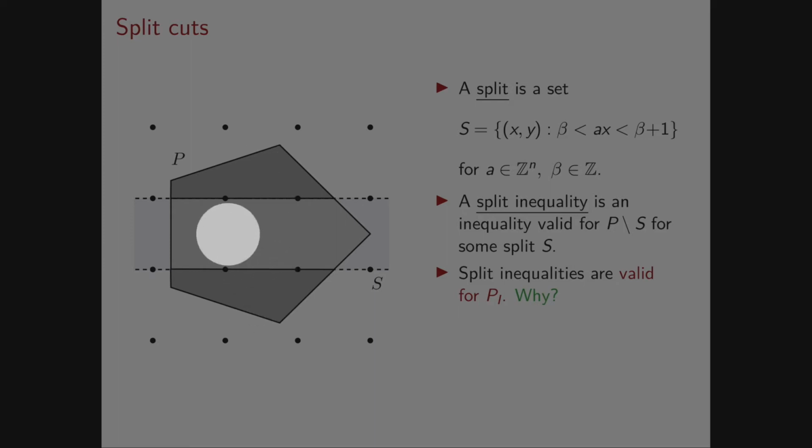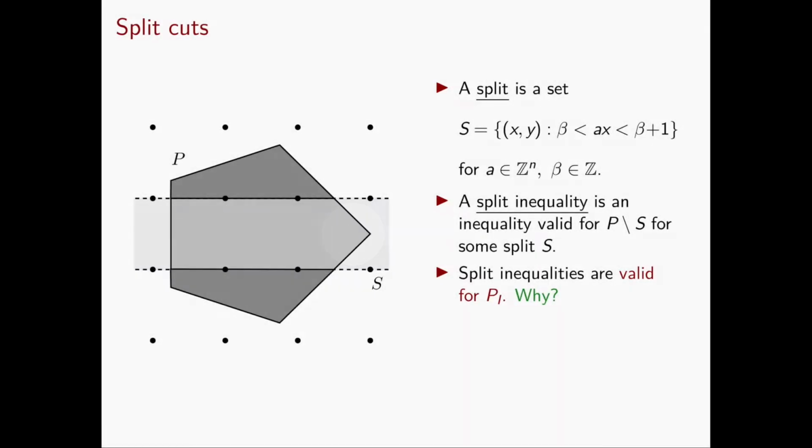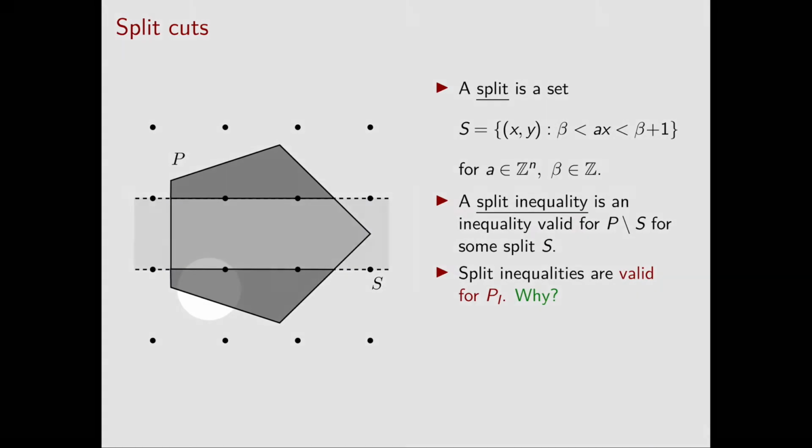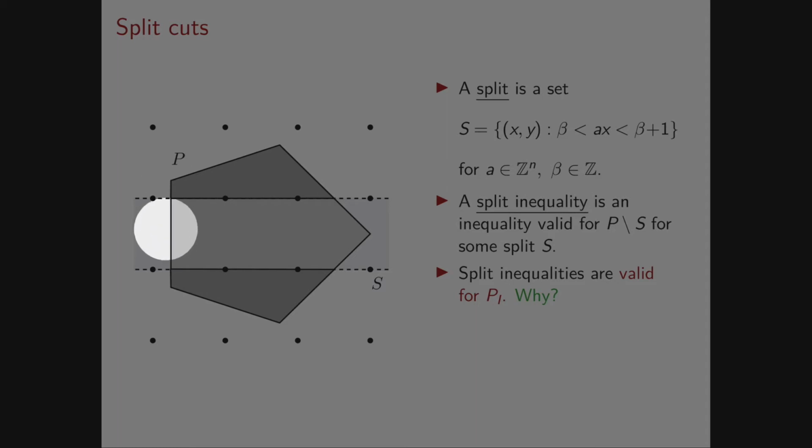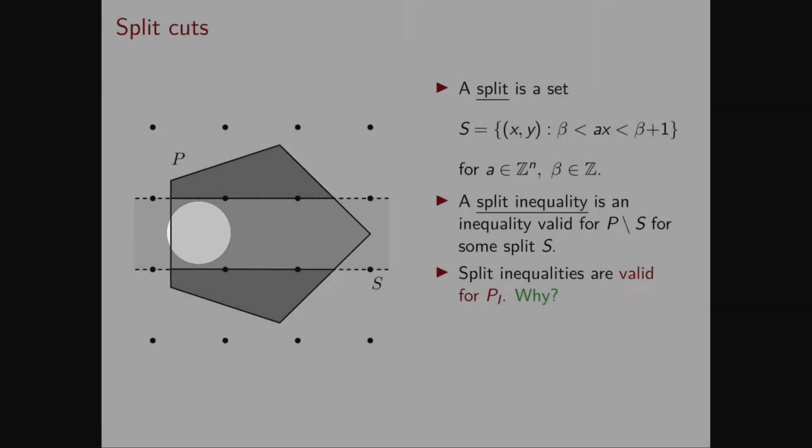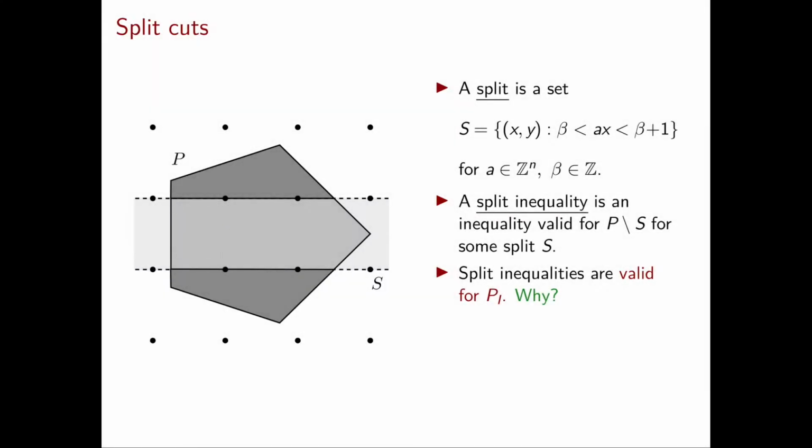That's clear because by definition S contains no point that is integral whatsoever. Therefore, any inequality that is valid for P minus the set S is also valid for the mixed integer hull of P. And this brings us exactly to the definition of a split inequality, which is precisely what we said.